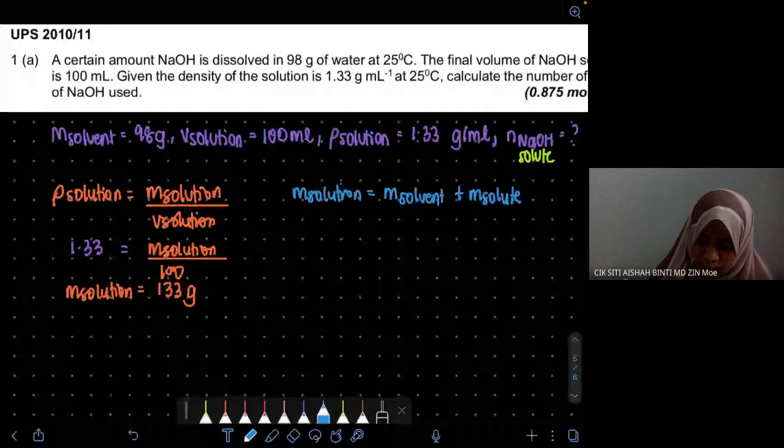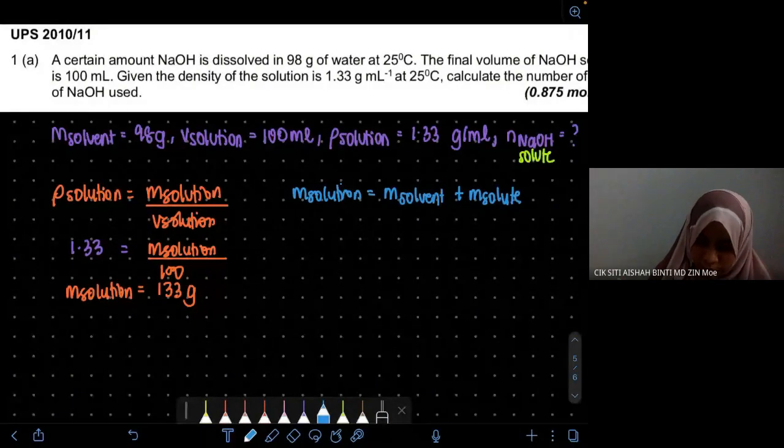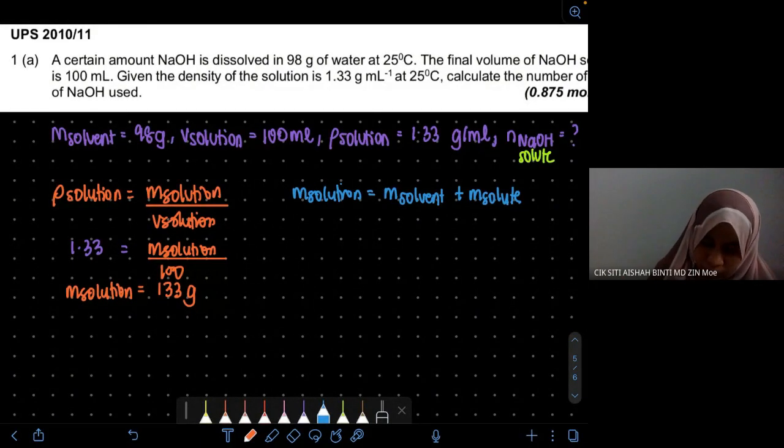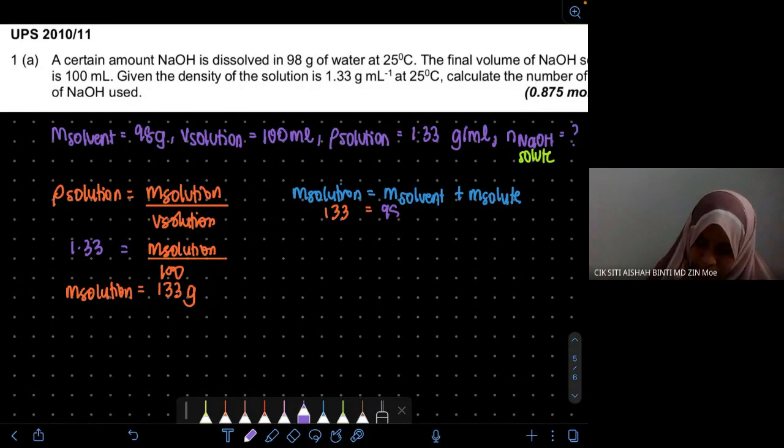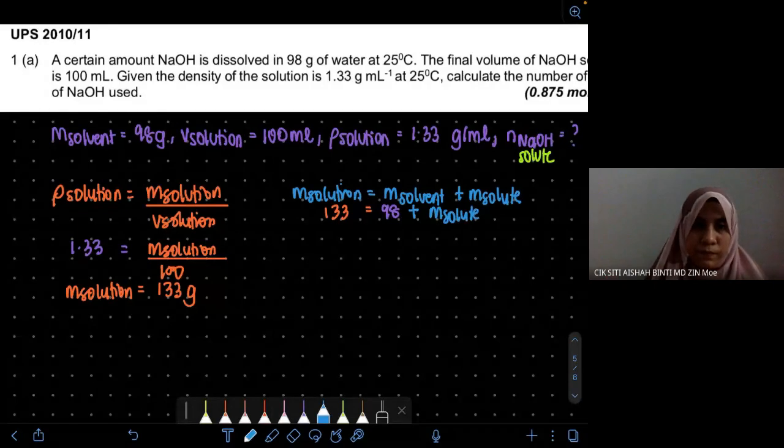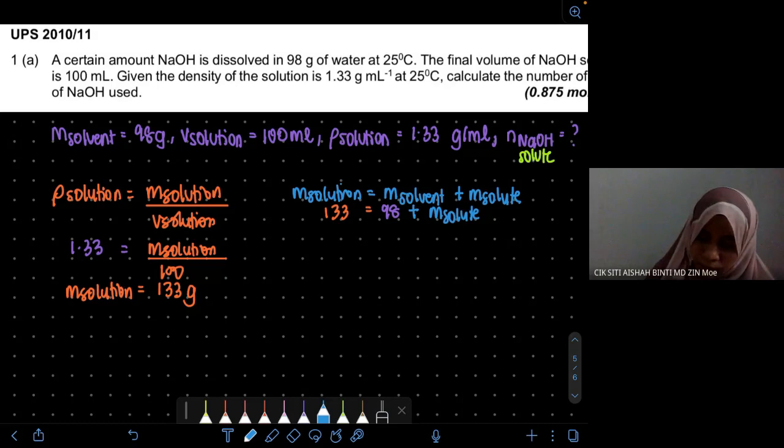We substitute mass solution that we find out just now, 133 equal to mass solvent kita is 98 plus mass solute. Lepas tu we get mass of solute kita 133 minus 98, which is 35.